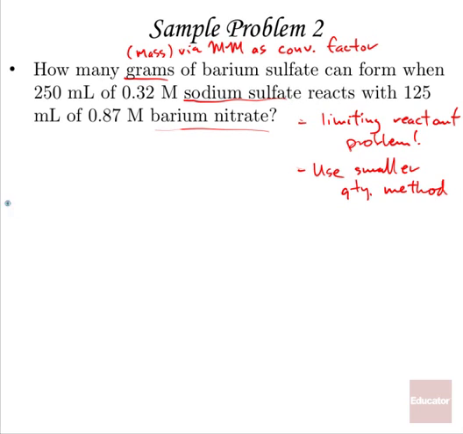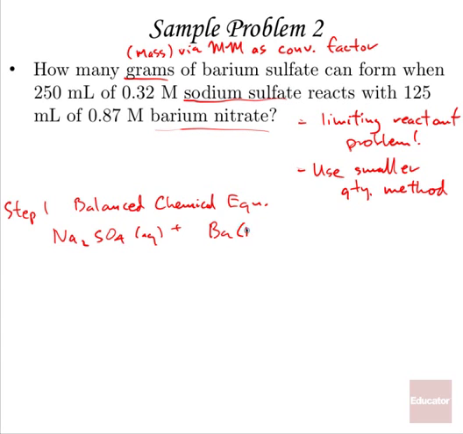Okay, so step 1, get the balanced chemical equation if it hasn't been provided to you already. So here we have to come up with it. So balanced chemical equation. Okay, so it's going to be sodium sulfate aqueous reacting with barium nitrate aqueous.